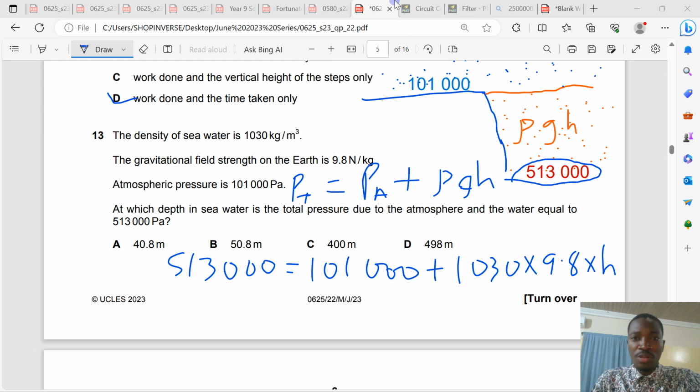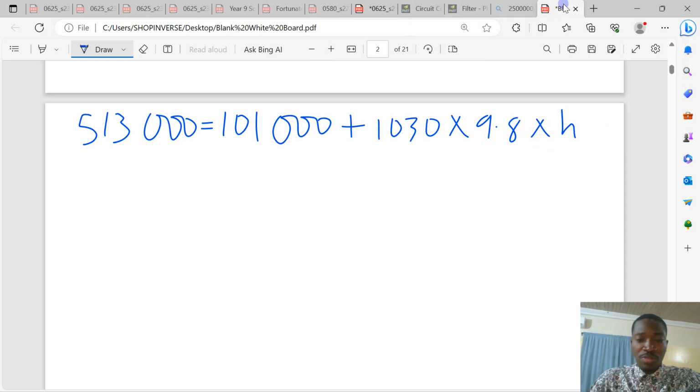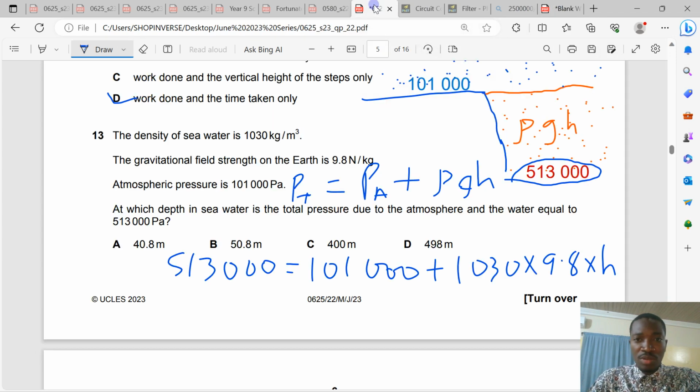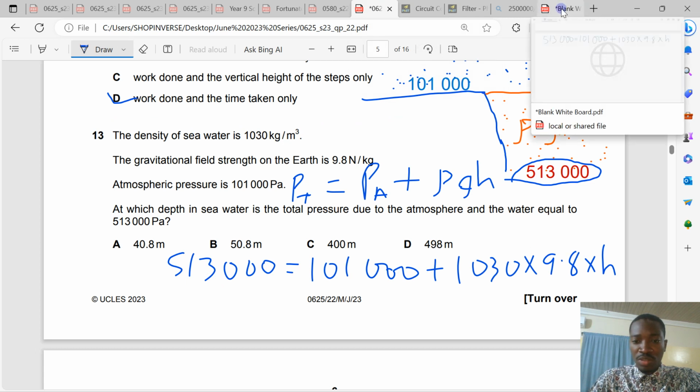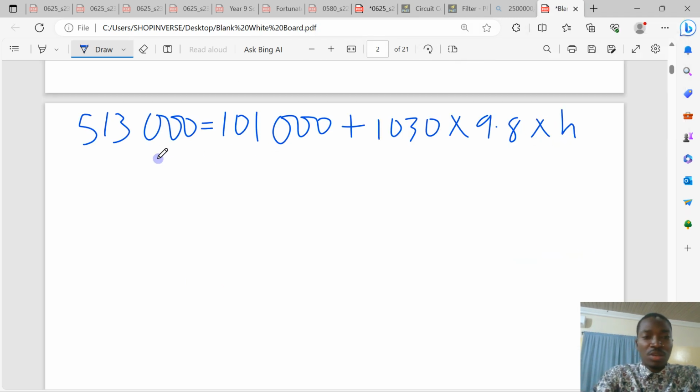So I've opened this blank page in order to solve this question. This is the exact mathematical expression I have here. I just want to solve it here and bring back my answer. In order to solve this, I'll move this to the left hand side.